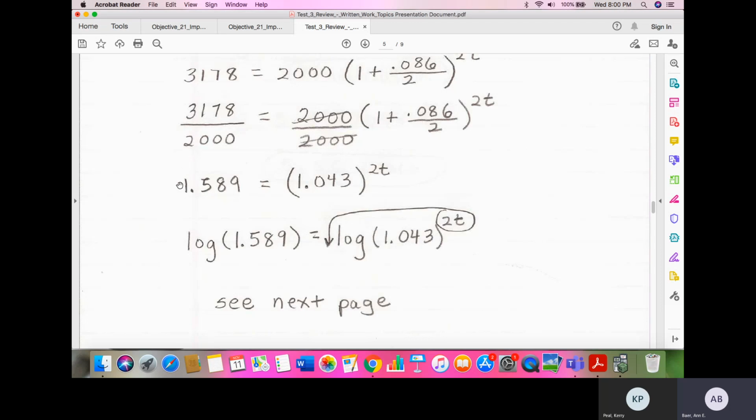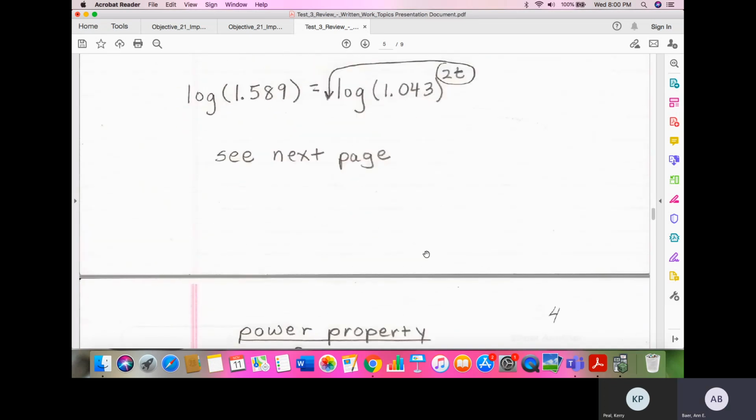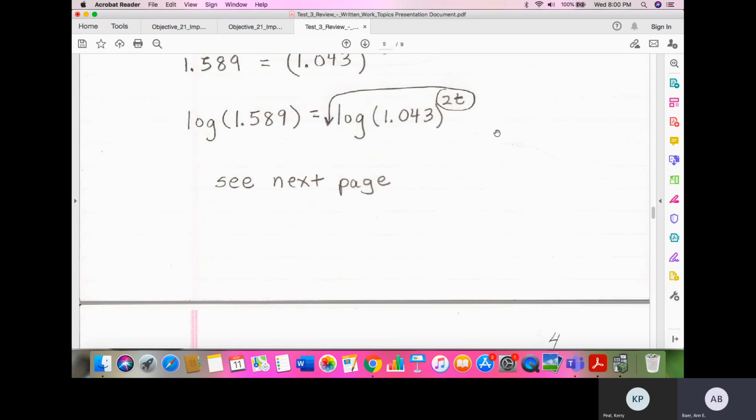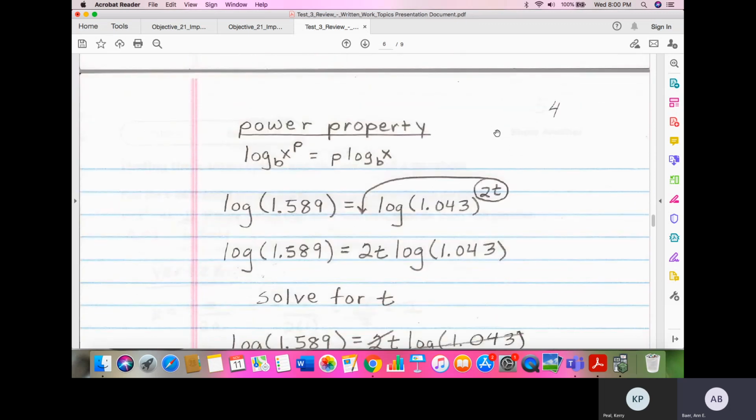So let's take the log of this side and write that. And let's take the log of this side and write it as log of 1.043 raised to the 2t. And let's go to the next page. I just copied this right here onto the next page.